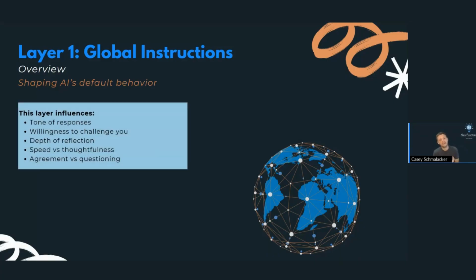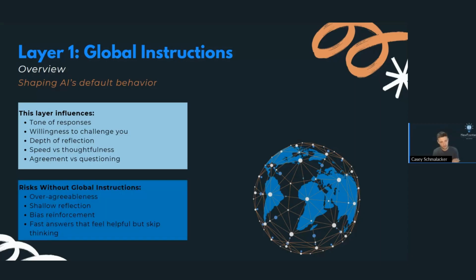So this layer is influencing the tone of responses, willingness to challenge you, depth of reflection, speed versus thoughtfulness, agreement versus questioning. This is just what are the base underlying assumptions that we want AI and ChatGPT in particular here to take when engaging back with the chats that you are creating. This is across all of your different chats, all new chats that you may use or create.